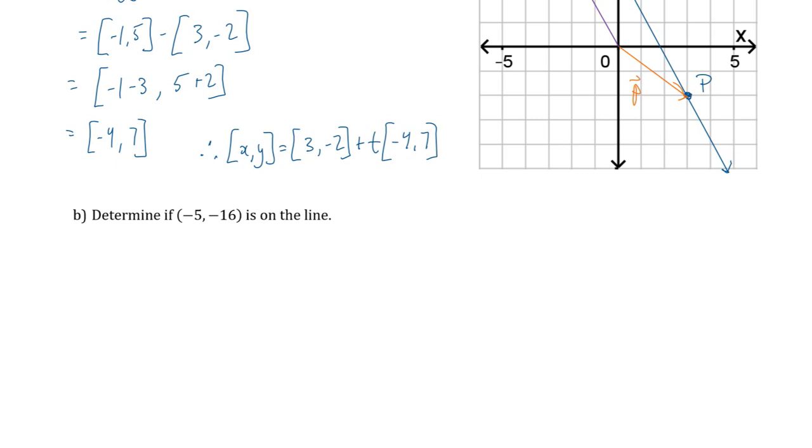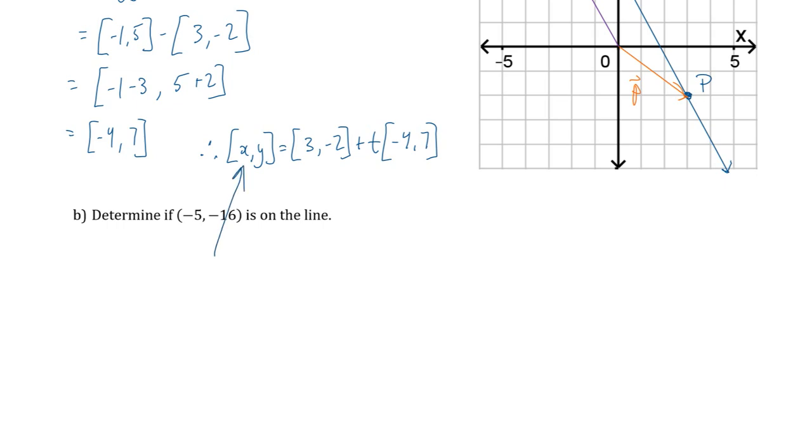So how are we going to do this? This is one of those skills we haven't got to yet, because we've only looked at the vector form. Depending on which form of the equation of the line you have, you might pick a different form for different questions. But all we have right now is vector form, so we have to use it.